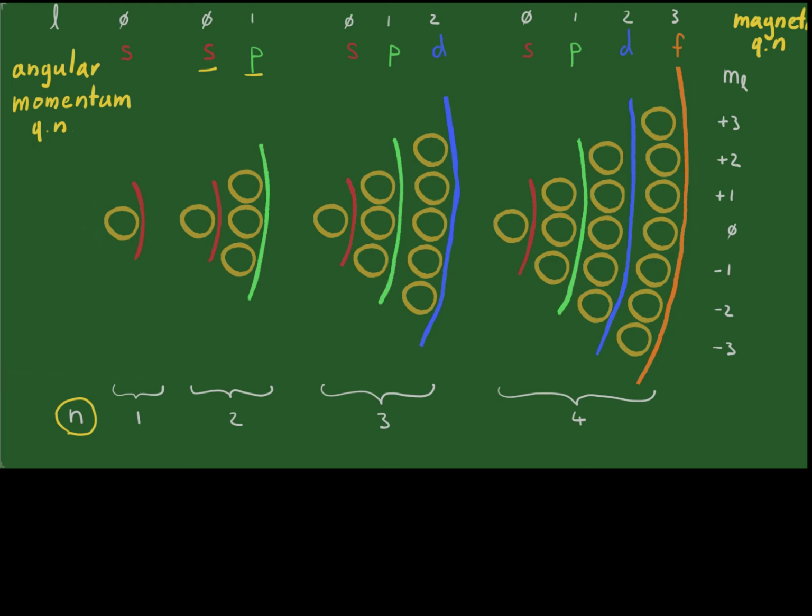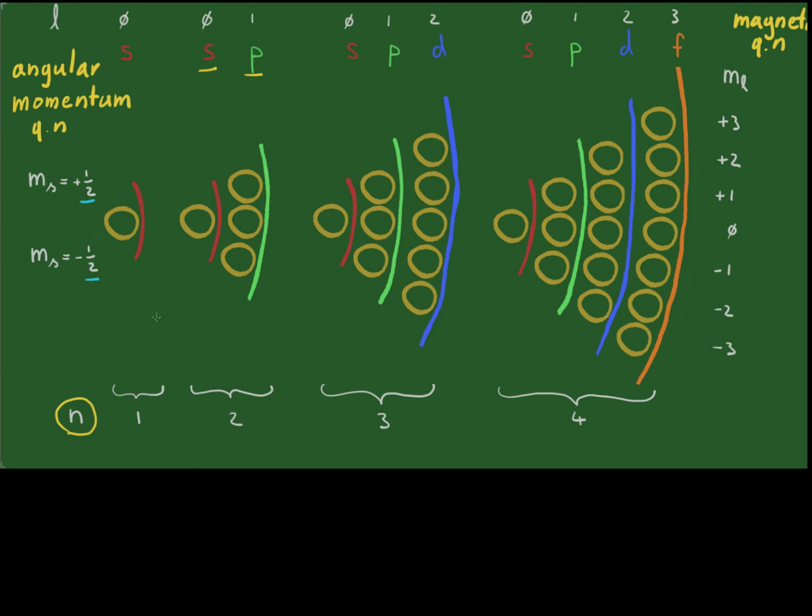And finally, each orbital can carry 2 electrons. And these electrons have an ms value. There are only 2 possible ms values, either a positive half or a negative half.